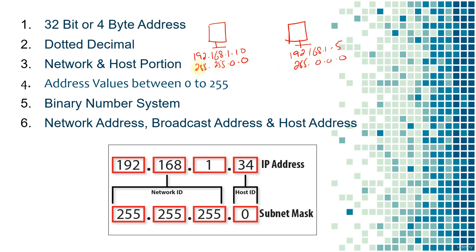It means the network identity for this PC is this network portion, and these two are related to the host portion. Similarly, this one is going to be the network portion, the remaining is going to be the host portion. So these two are not common, which is why they cannot speak, by the way.